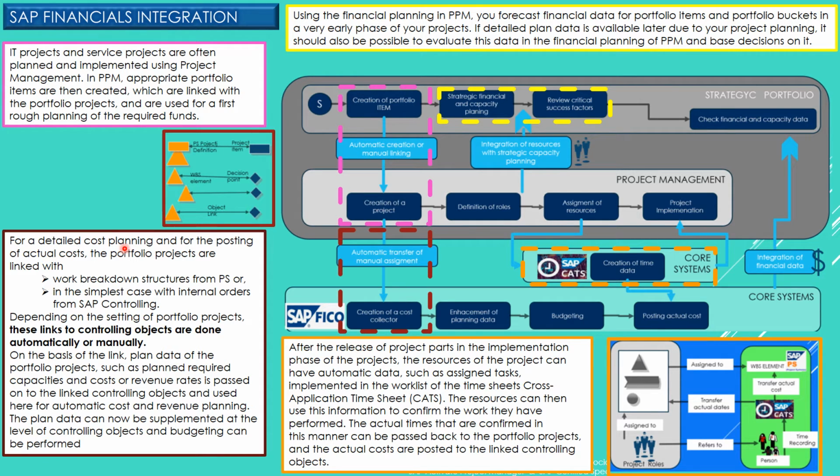For detailed cost planning and for the posting of actual costs, the portfolio projects are linked with work breakdown structure or WBS from PS, or in the simple case, with internal orders from SAP Controlling. Depending on the settings of portfolio projects, these links to controlling objects are done automatically or manually.